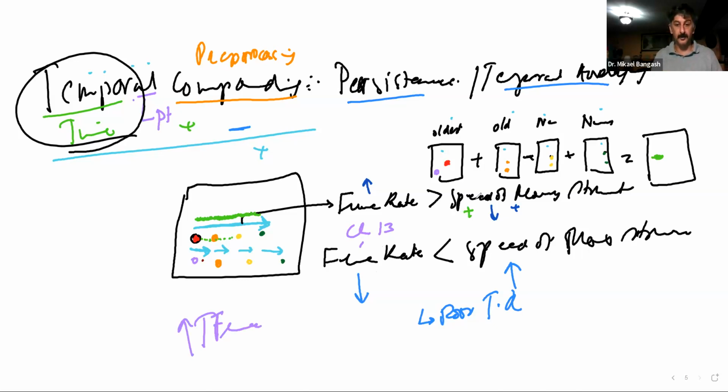But mainly, if the speed at which the structure is moving is lower than the frame rate, that will give us a good temporal resolution as a result of good temporal compounding. Whereas it will be a disadvantage that it's not going to be able to record structures which move at a high speed.